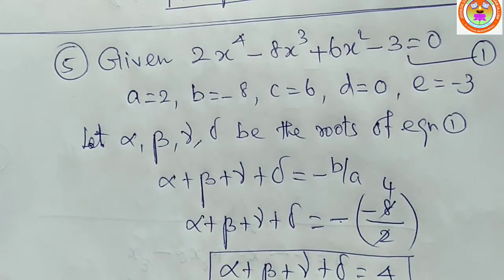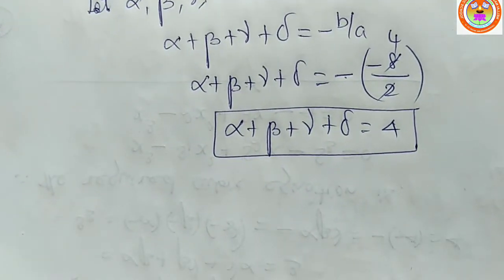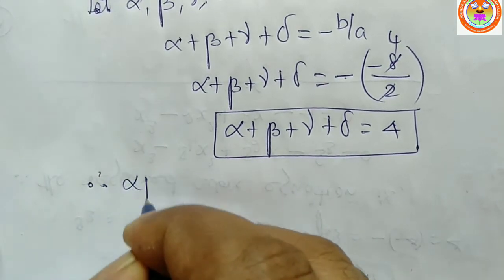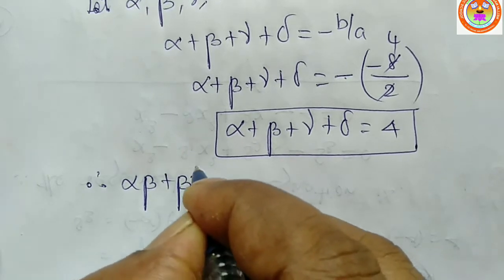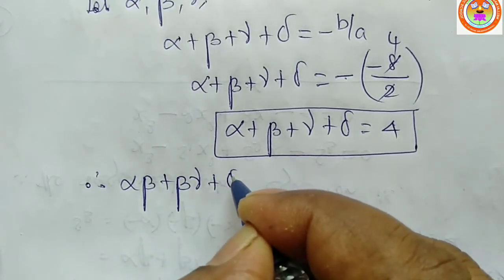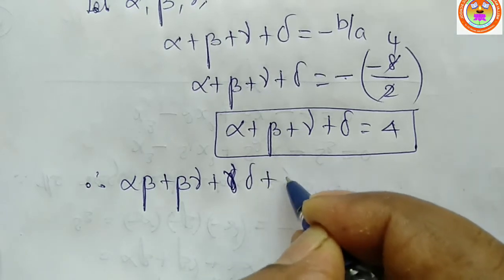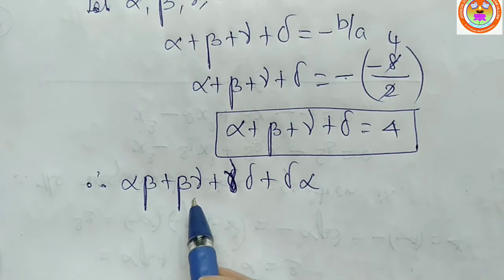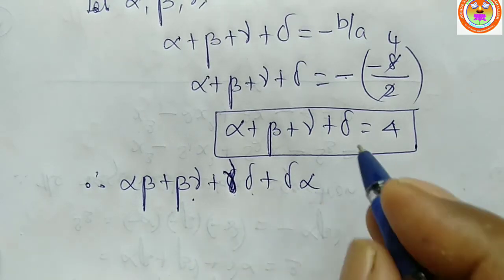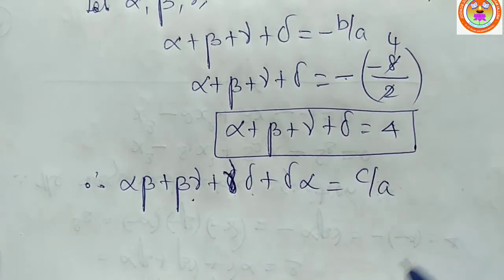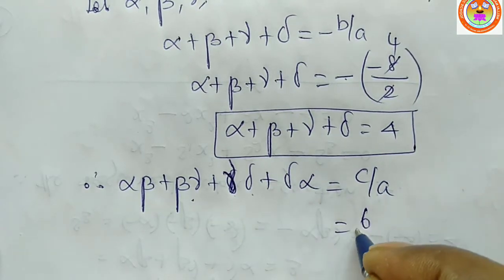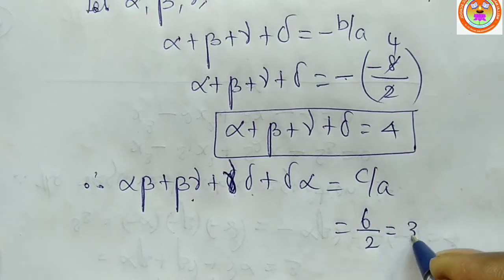Similar way, we can find S2. S2 means sum of the product of the roots taken 2 at a time. Therefore, alpha beta plus beta gamma plus gamma delta plus delta alpha, that is equal to C by A. That is C value is 6, A is 2, so 6 by 2 is 3.